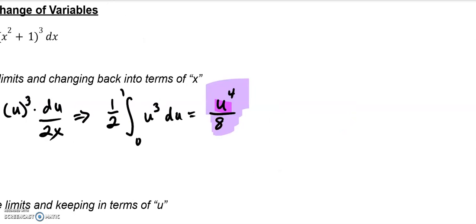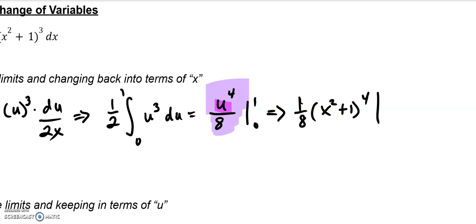And don't forget your limits of integration, because we still have this from 0 to 1. And when we substitute that back in, you would end up with 1/8 times x squared plus 1 to the 4th, from 0 to 1.